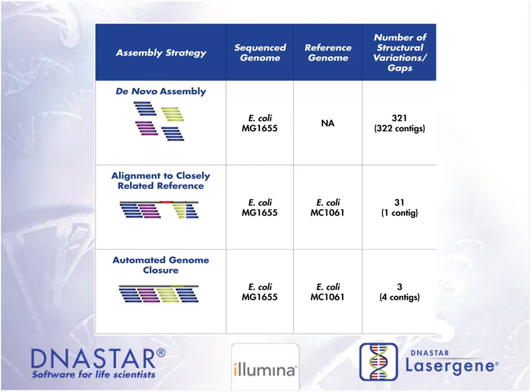However, if there is a closely related reference genome, you can use it to guide most of the assembly. Depending on how closely related it is, you may have anywhere from just a handful to a couple of hundred or more significant differences: structural variants, larger insertions and deletions. And of course, the more structural variations you have, the more difficult it is to use that reference genome to guide the assembly.